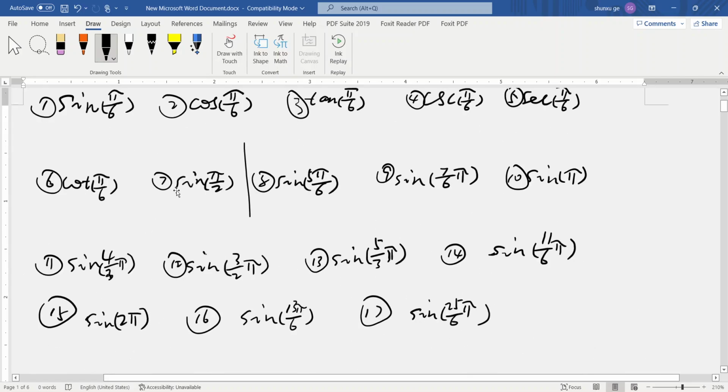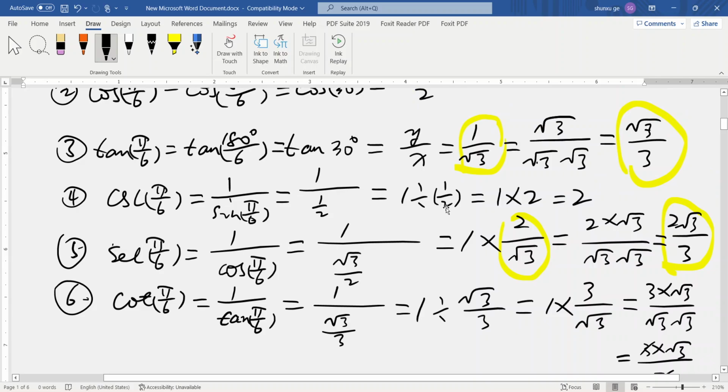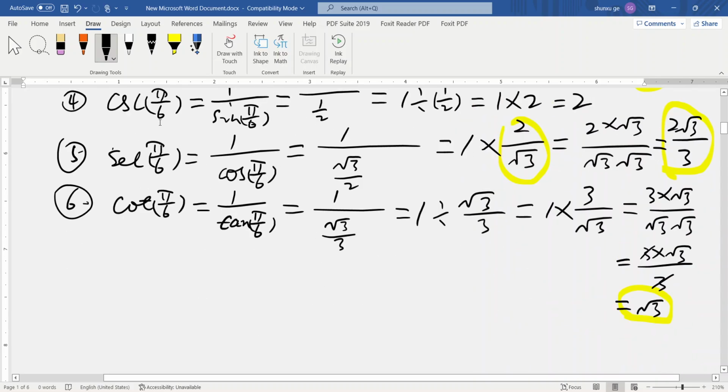Okay, so now pi over 2. We can cancel this, they take more space.